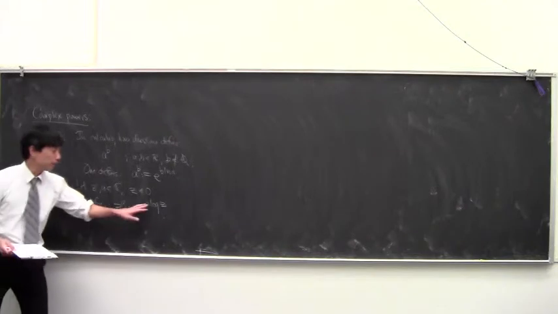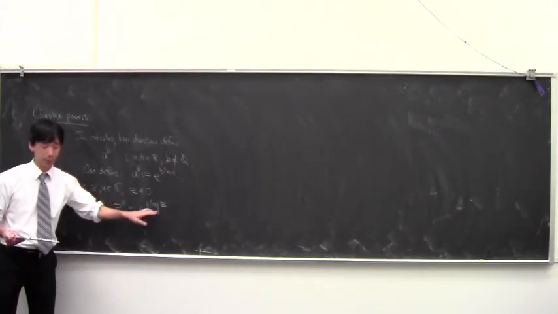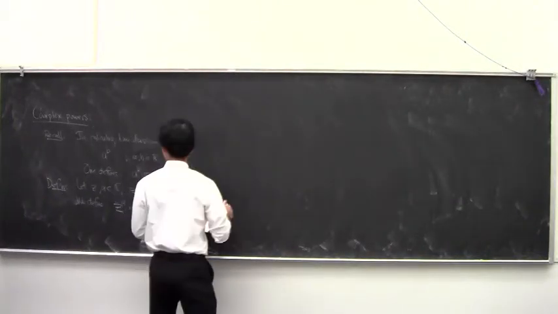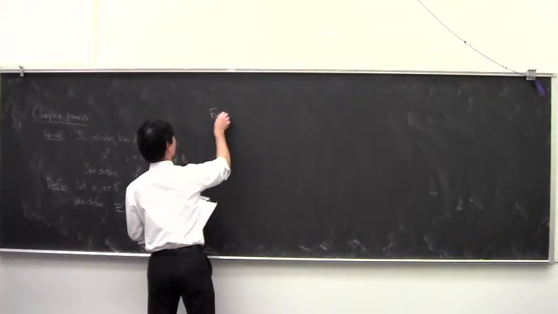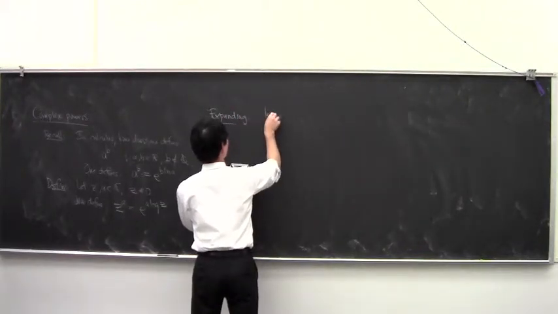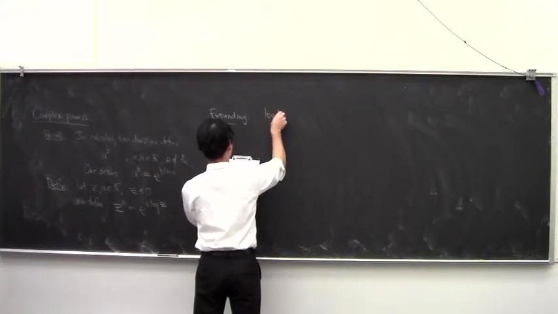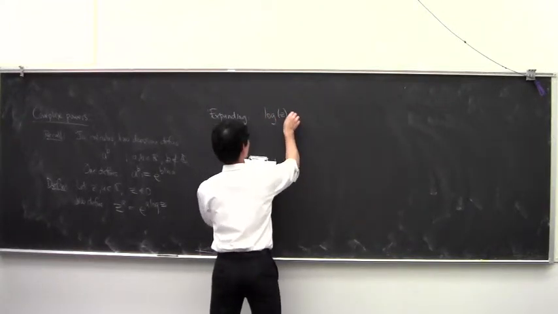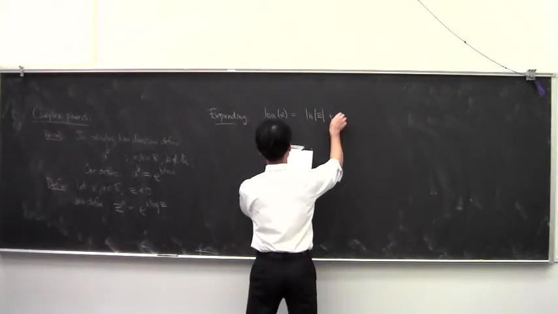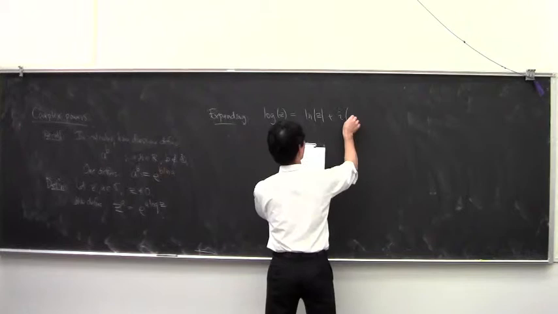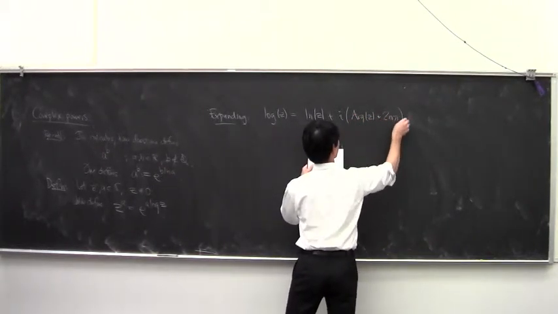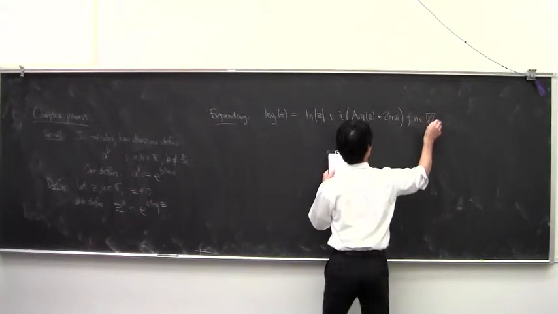Okay. But this is now the new log, the complex log. So what is this? Let's expand this. Remember, log z is the old natural log z plus i times the principal argument plus 2n pi.